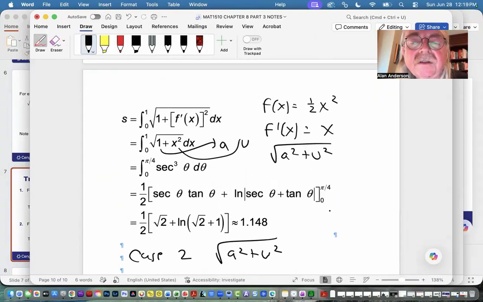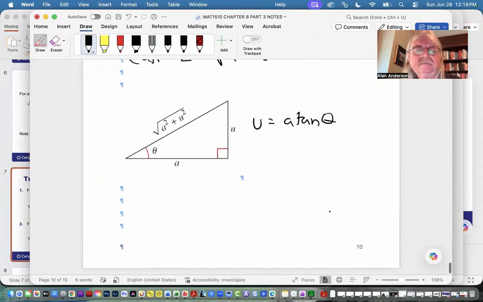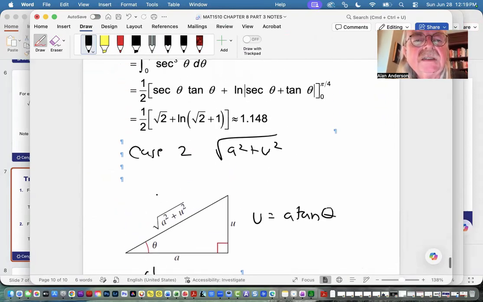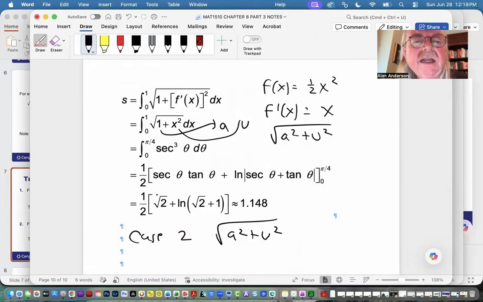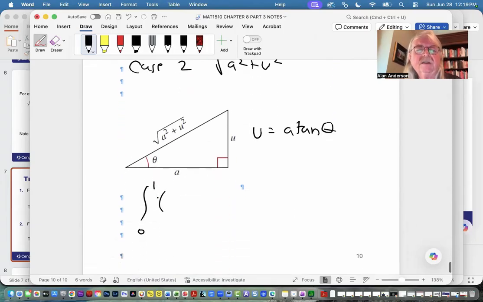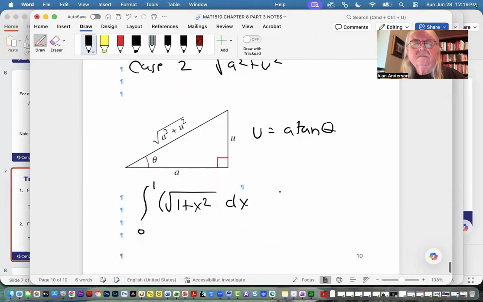Now, if you notice, we have a definite integral, so we have to change the limits of integration. We have the square root of 1 plus x squared, so a is 1, u is x.